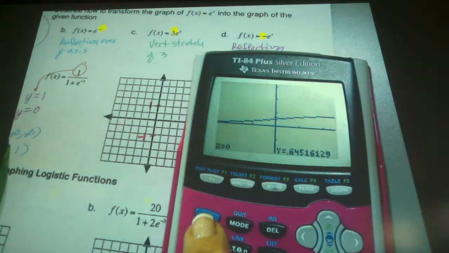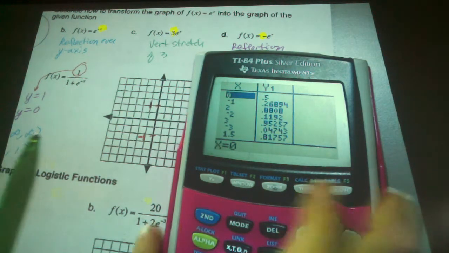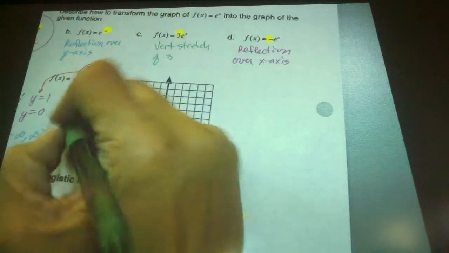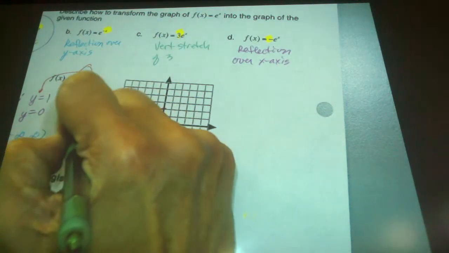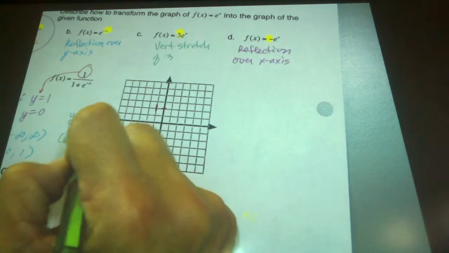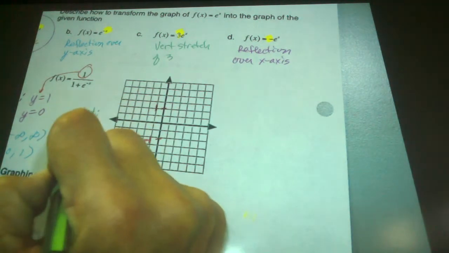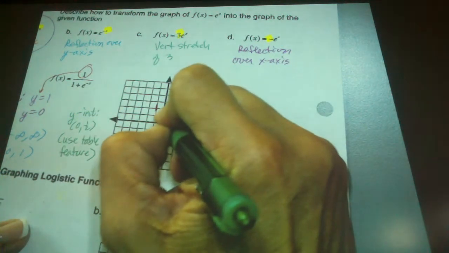So I'm going to go to my table feature. Second table. What is x? 0, what's y? 0.5, which is 1/2. So here, my y-intercept is (0, 1/2), and I found that by using my table feature. So I'm going to plot an ordered pair at (0, 1/2).